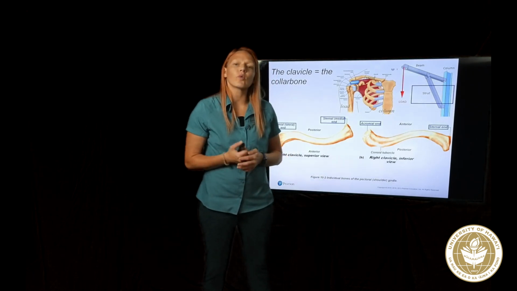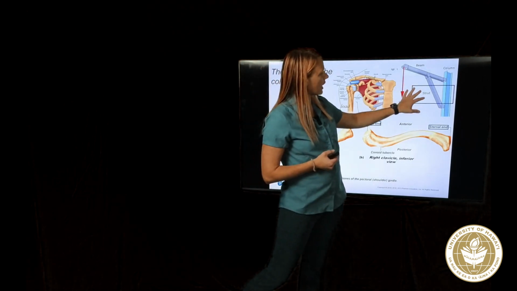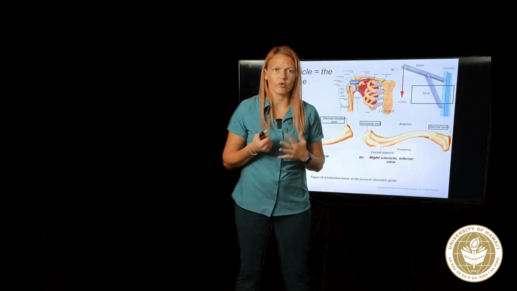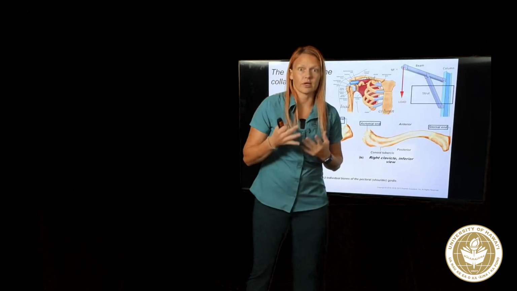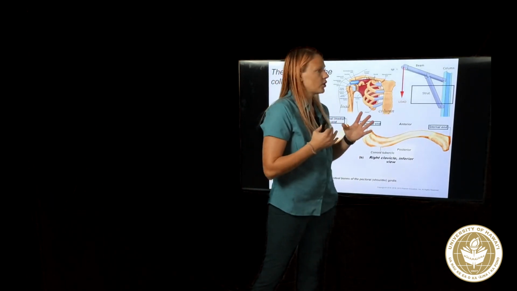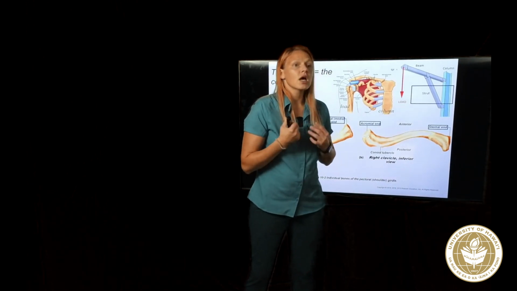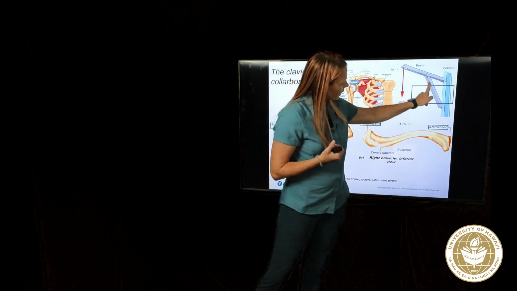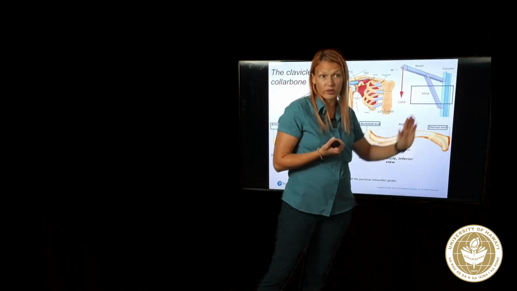The clavicle works as kind of a strut, and that's what's meant over here. Anyone that's familiar with construction sites, or just maybe you're a big physics person and you love knowing the different operation of levers and different machines, your clavicle would be the strut right here. So it's kind of providing that support.